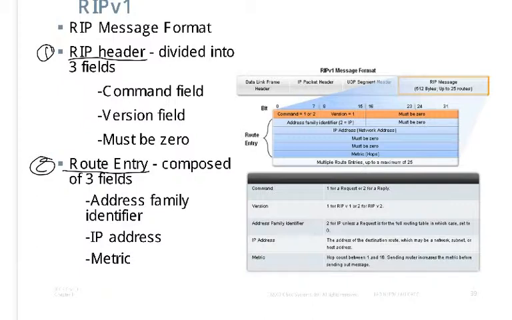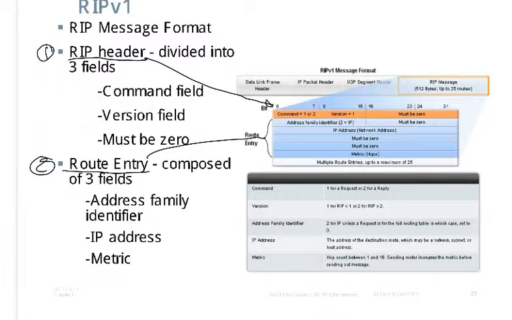The RIP header is this one, the orange part, and the route entry is this one, the blue part. The RIP header simply contains 3 fields: the command field, which we will talk about in a minute, and the version field. What does that indicate? This indicates whether this is RIP version 1 or RIP version 2.